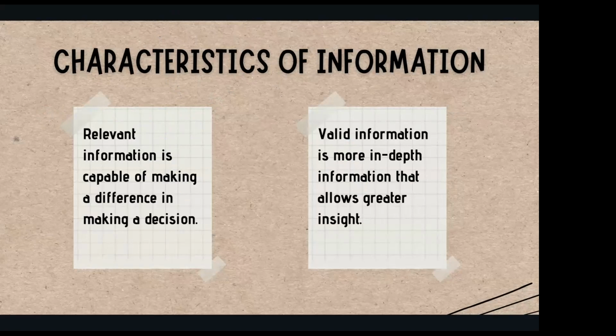We've discussed that earlier already, no? Relevant information is easily accessible later on. We can use that information in the future in making decisions. It's most important, right? Valid information is more in-depth information that allows greater insight. Again, we have to validate all the information that we are being fed, no?